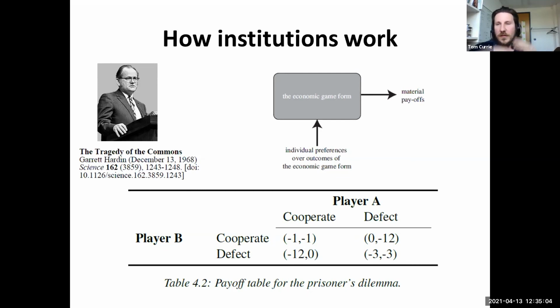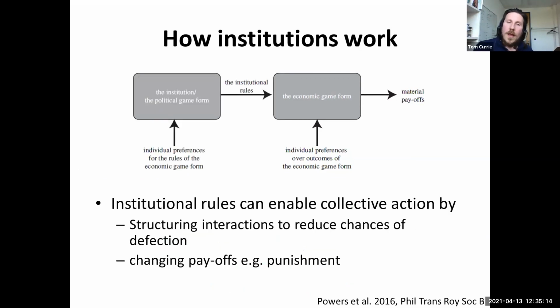That applies to real world situations like the tragedy of the commons, or the provision of public goods and things like that.